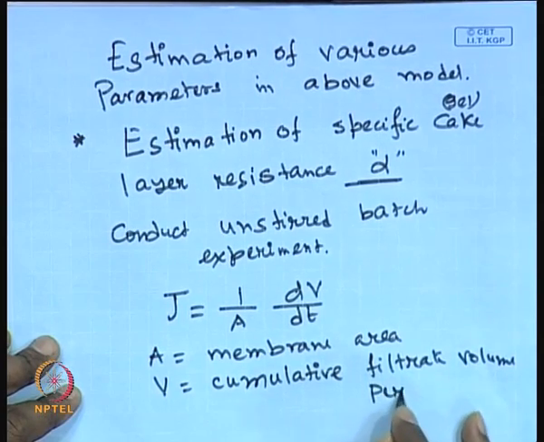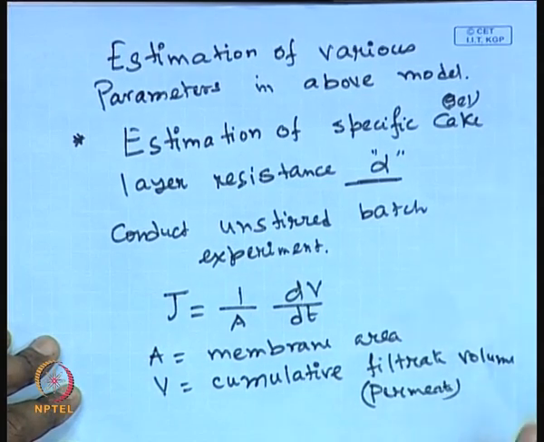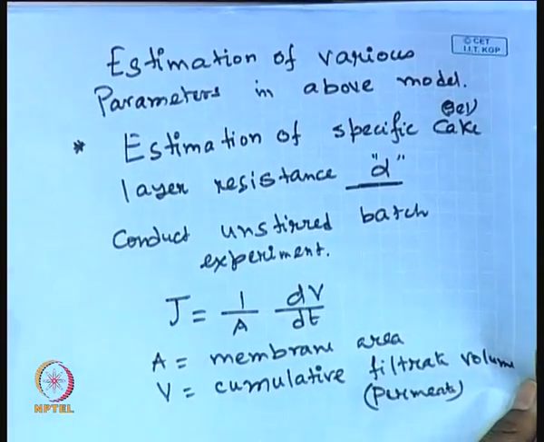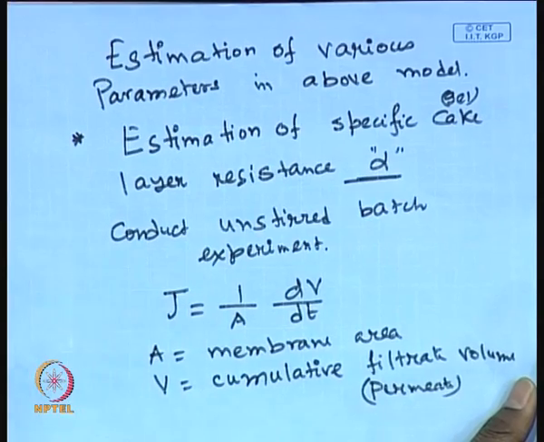Cumulative volume, that means as time goes, you just monitor how much you are collecting with time. So, just monitor V versus t data, just measure it. That is very simple. Either you can collect the permeate in a beaker or a graduated cylinder and monitor the volume that is collected, or if you don't want to do that, just put it on a balance and see the weight that is gaining, and it is almost water.